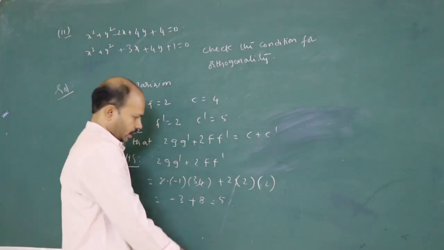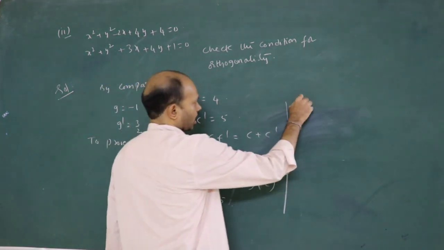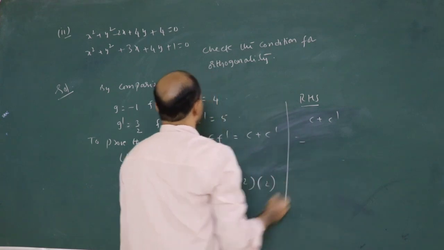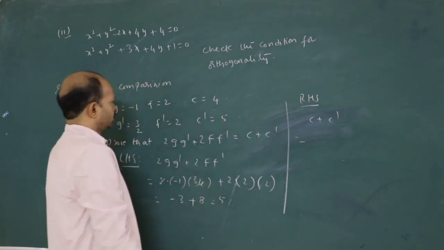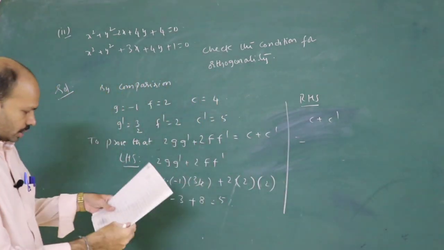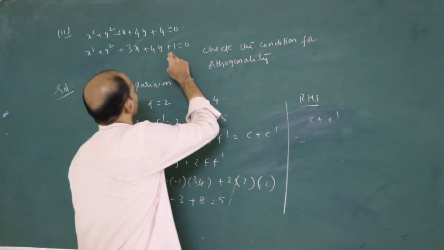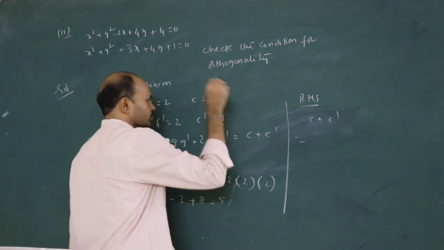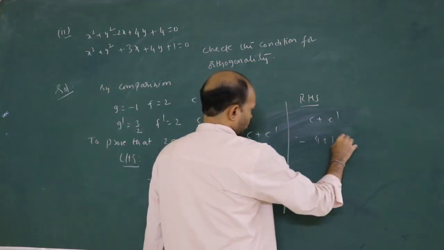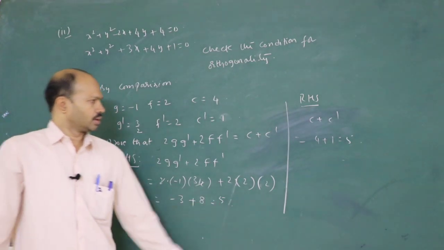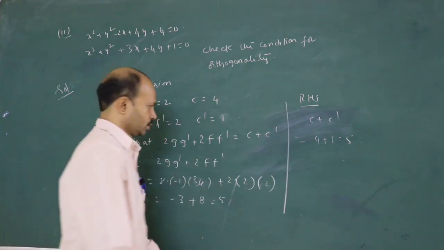Coming to the right hand side, RHS, c plus c dash. What is c? What is c dash? Note that here c is equal to 4 and c dash is equal to 1. 4 plus 1. So the left hand side is 5 and the right hand side is also 5.